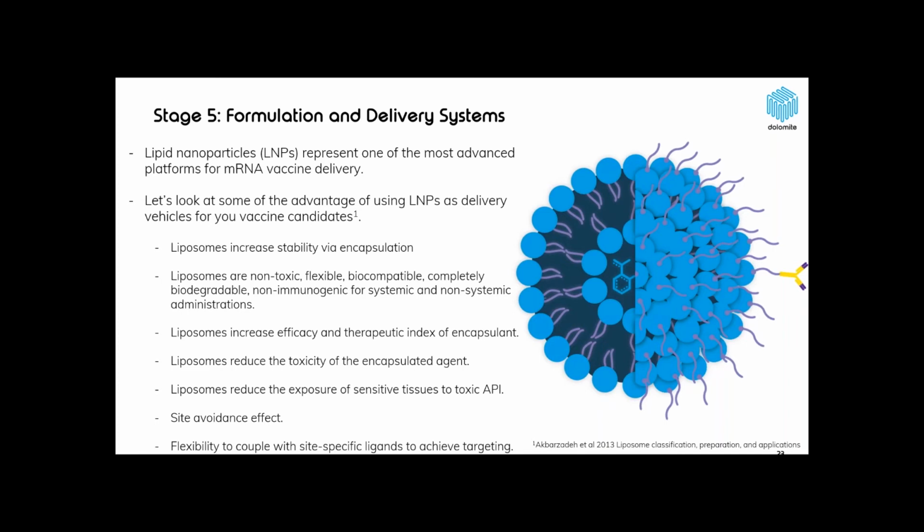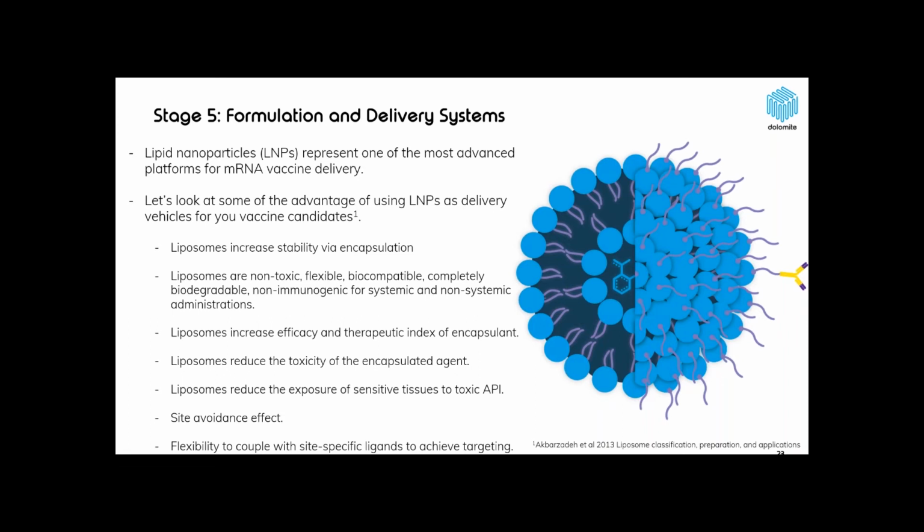And this is because they have several different advantages to be used as vehicles for vaccine delivery, because they are stable, they increase the stability via encapsulation, they are non-toxic, they are flexible, they are biocompatible because they resemble some of the cell membranes in the body, they're completely biodegradable, they are non-immunogenic for systemic or non-systemic administrations.